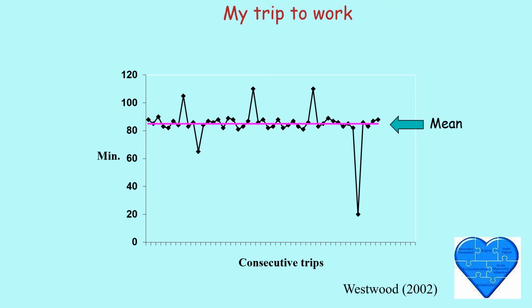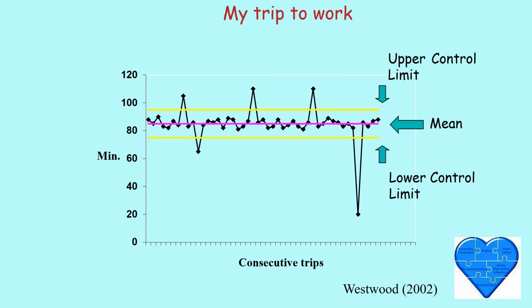We then plot the mean, or sometimes median value of the data, and then we calculate and plot what are called the upper and lower control limits.